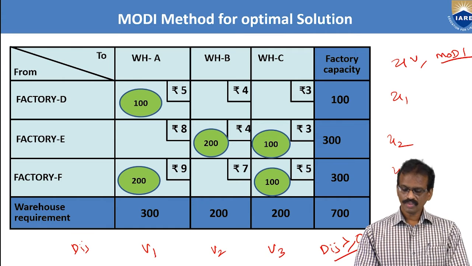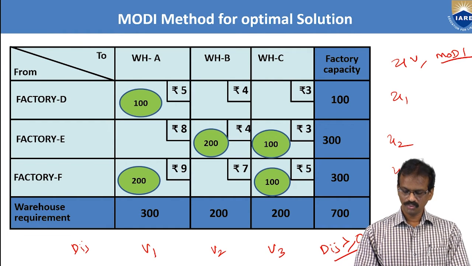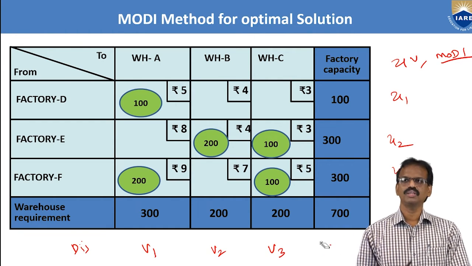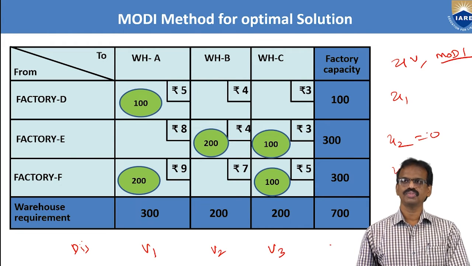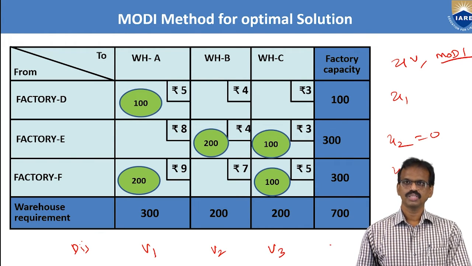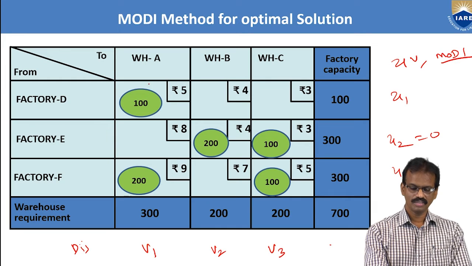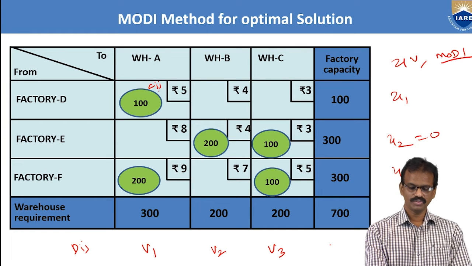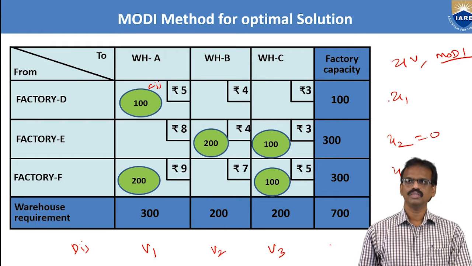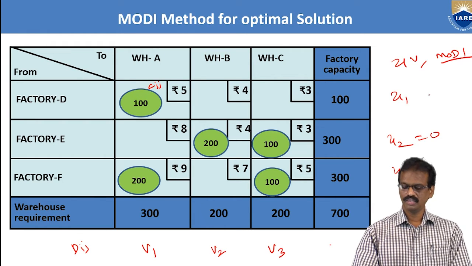Before finding these UV values, take any one value as 0. I want to take U2 equal to 0. You know that each cell is represented by Cij, where i is the column and j is the row.